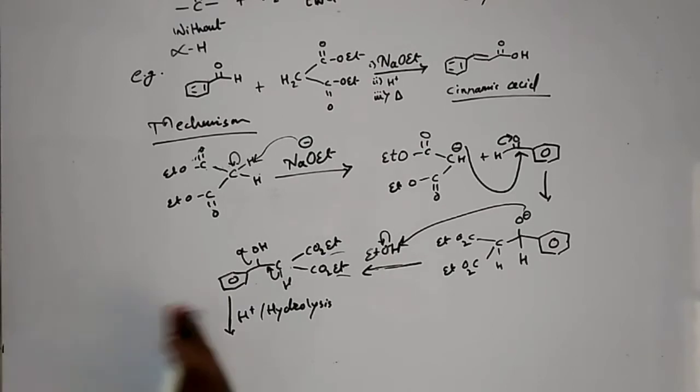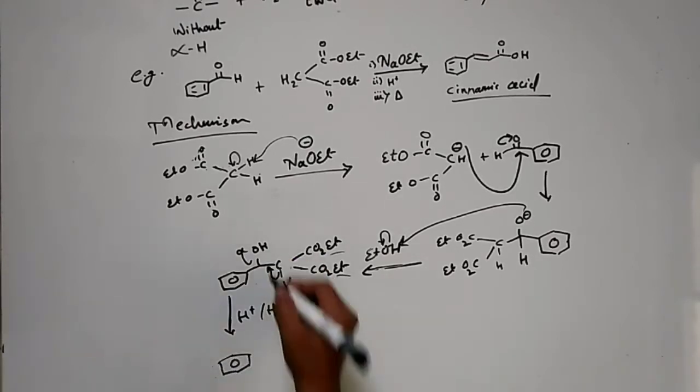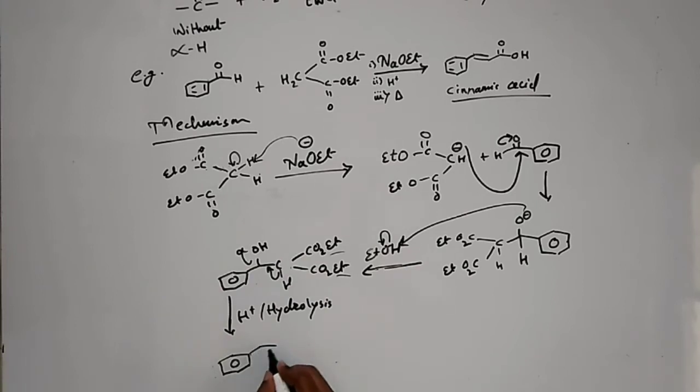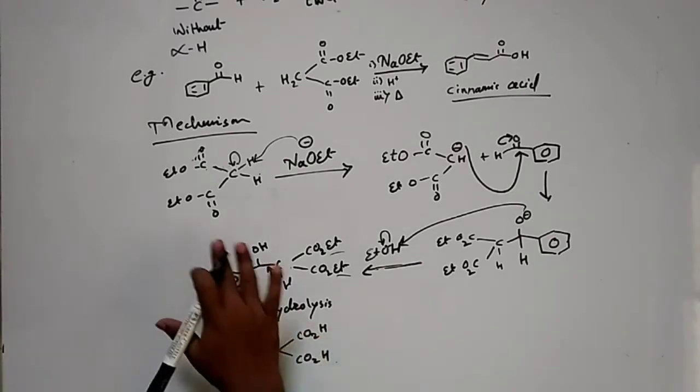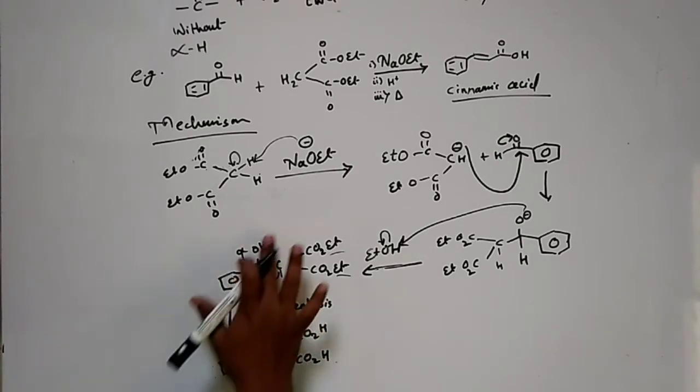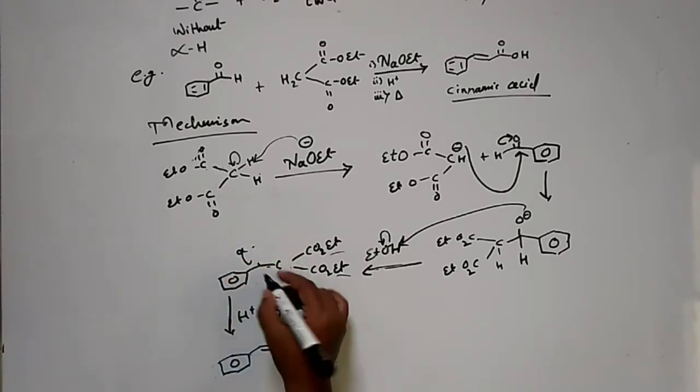I'll write it again. One double bond is to be formed there. And here you have CO2H and CO2H. I hope there is no confusion. First, this step comes up in this manner.